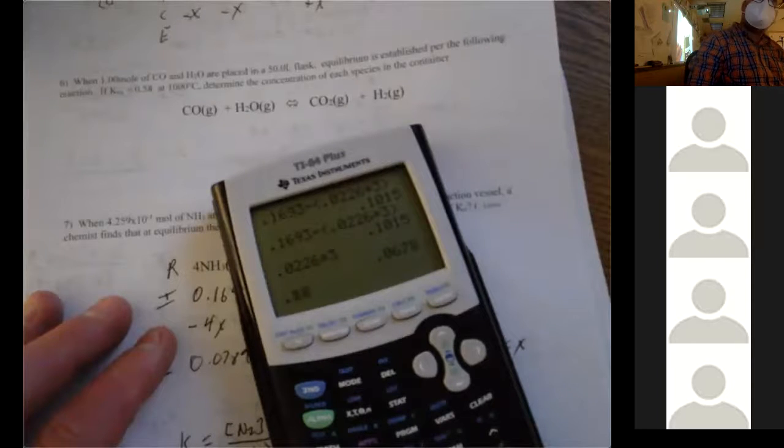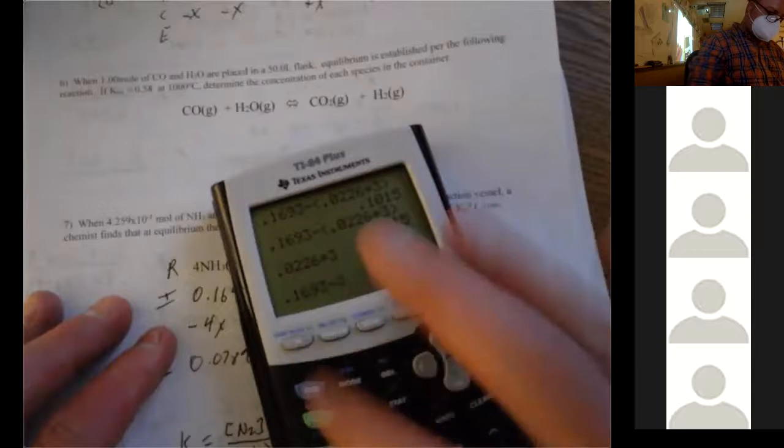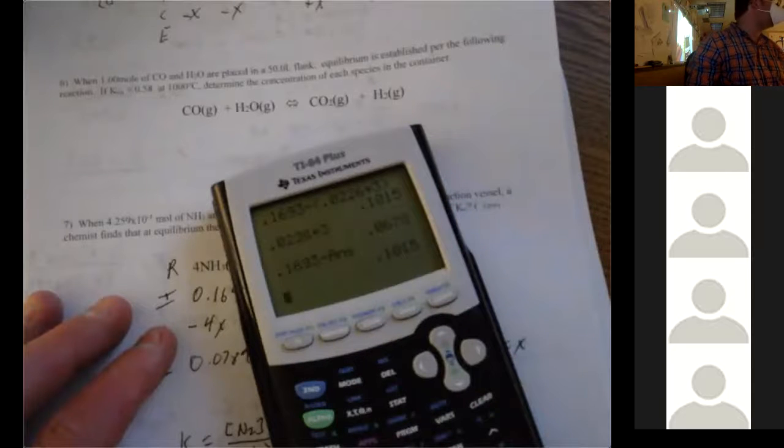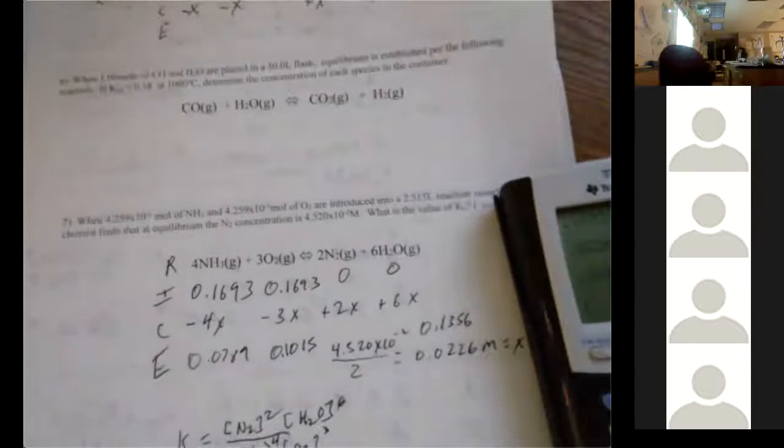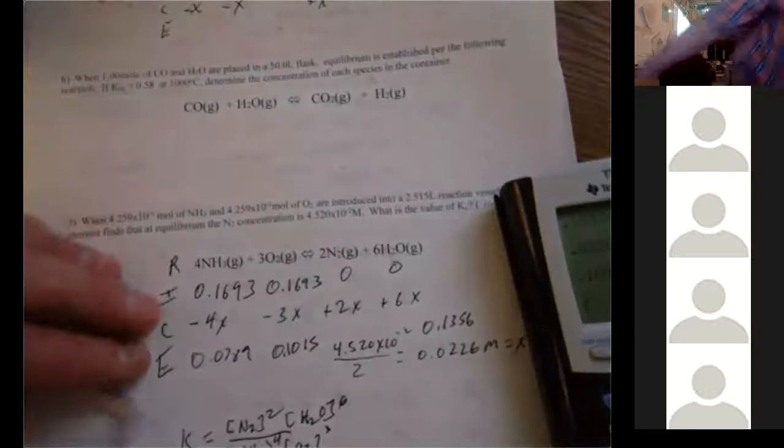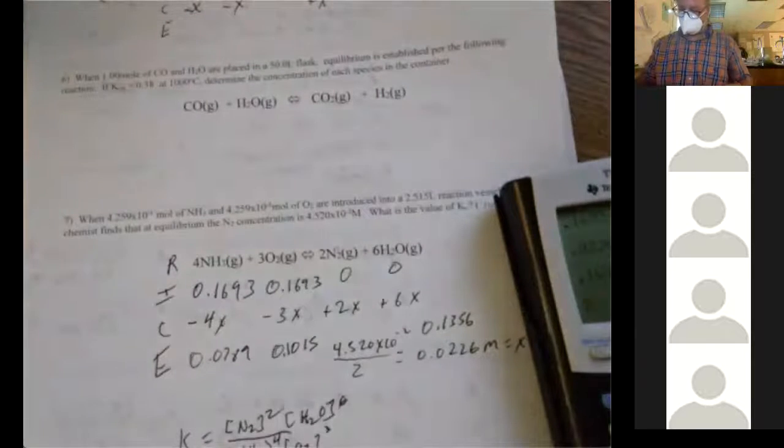And we're going to take 0.1693 minus that. 0.1015. Let me see. You're probably flipping it up like I did. I got the same number. And then I did 0.169.